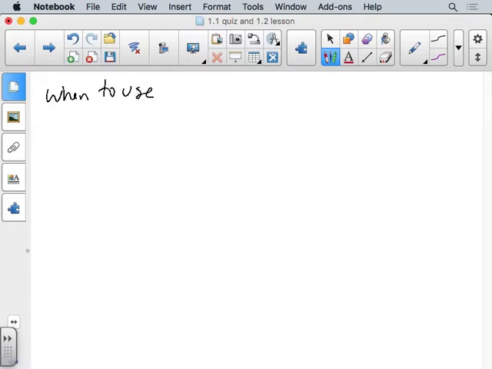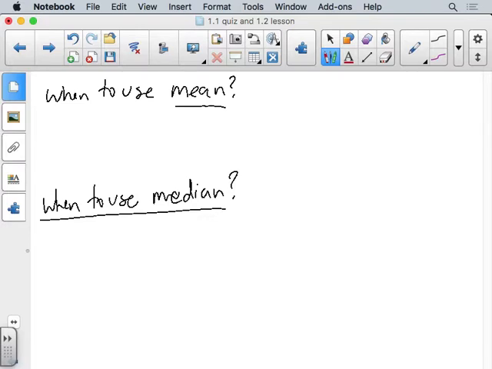When to use mean, when to use median. It coincides with what type of distribution you have. What's the shape of your distribution?